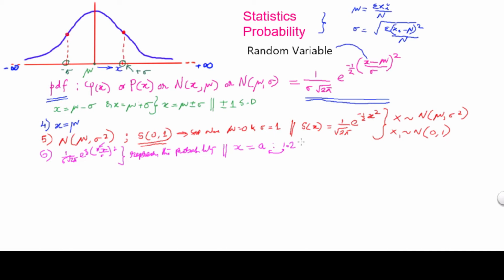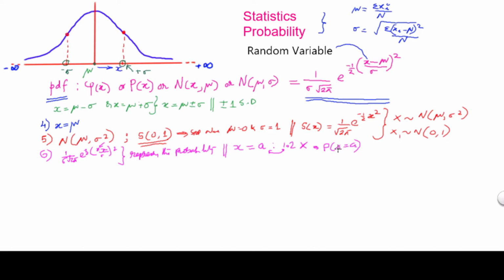This investigation is not generally done by engineers and scientists. Even though I have discarded it, you can write probability of x equal to a, that is, in our example, the probability of the wave height to be 1.2 meter.